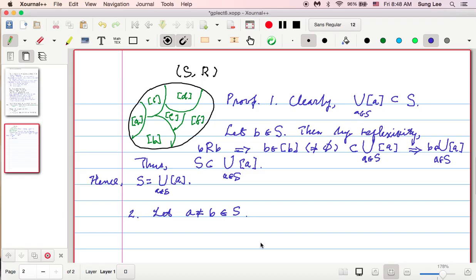If they are the same element, then obviously their equivalence classes are going to be the same. So we can just exclude that case, right? So A and B are two distinct elements of S.